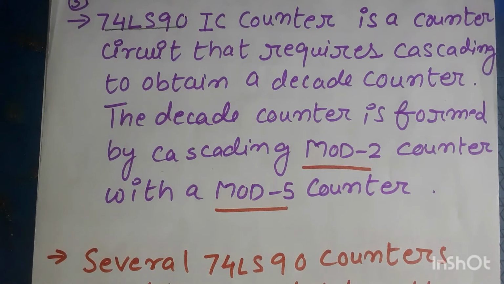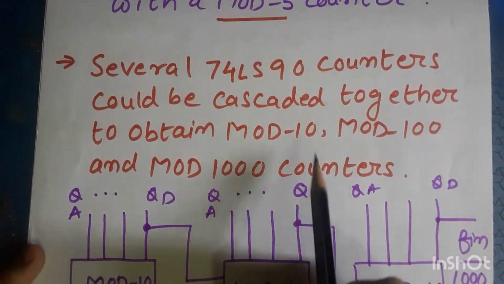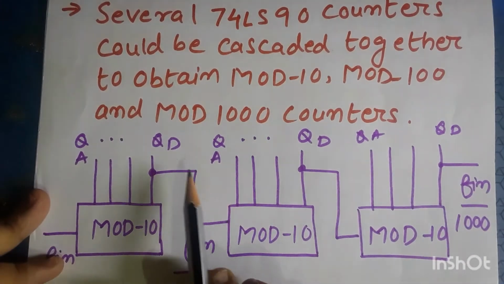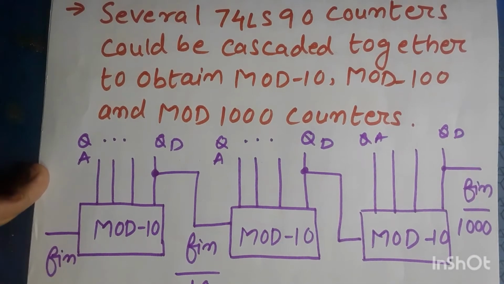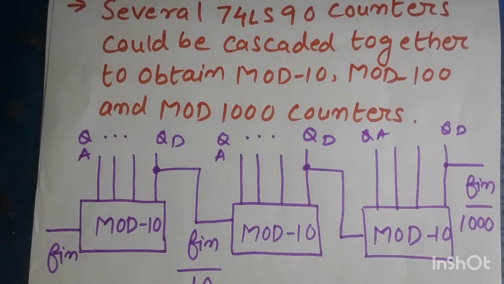When several decade counters are put together, we can have a large modulus counter. Suppose we have 3 decade counters put together, then we will get a mode 1000 counter.